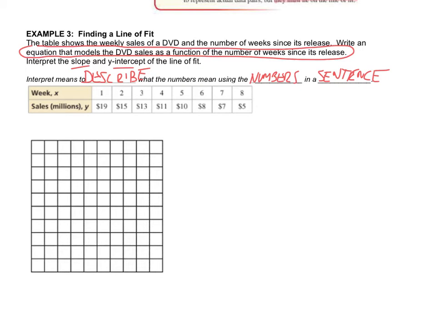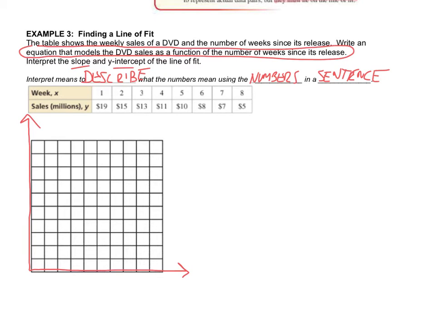Okay, so here's the table. We see all positives, which would make sense because we can't have negative weeks. We also can't have negative sales. So I'm going to draw, and you should be using a straight edge. I wish I could figure out how to do the straight edge here, which I don't think I can do.